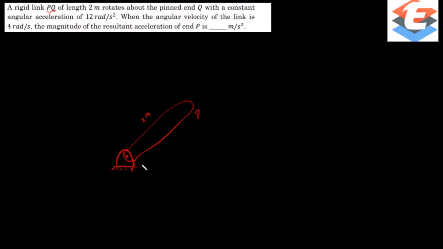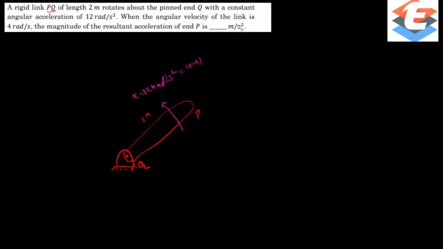This is P and let this be Q, rotating with a constant angular acceleration. They mentioned alpha is 12 radian per second square, and they've given that it is constant.